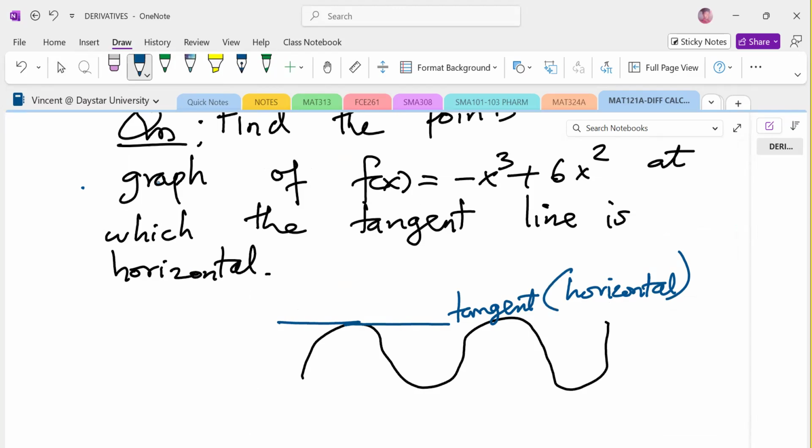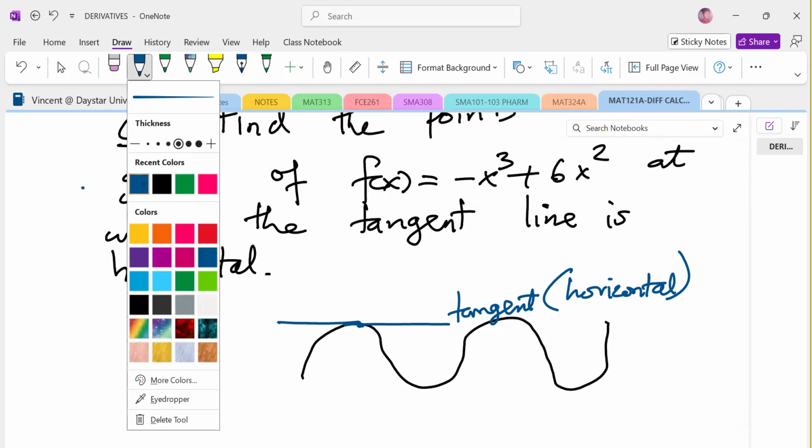What do you expect to be the value of the derivative at this point? Maybe I'm asking you, what is the gradient or slope of a horizontal line? 0, correct. So that's the concept being tested here.